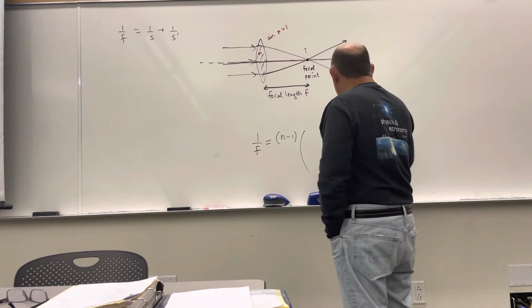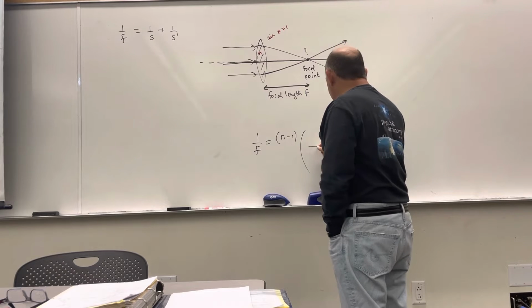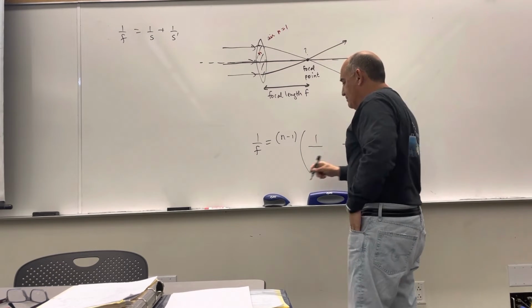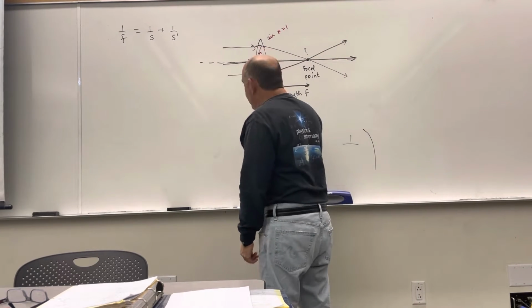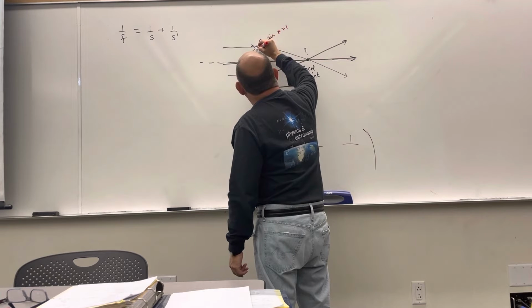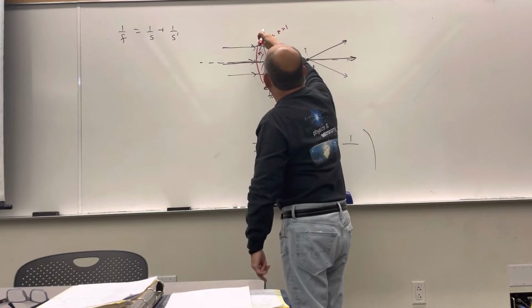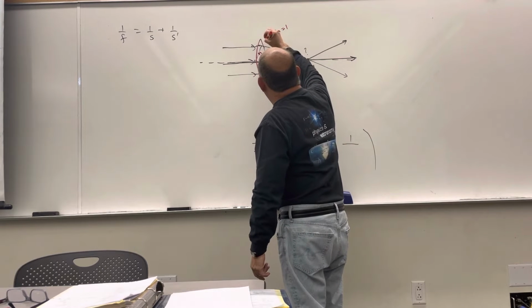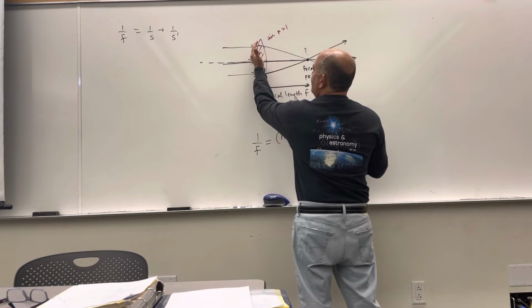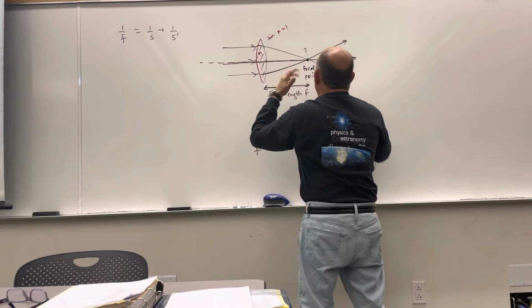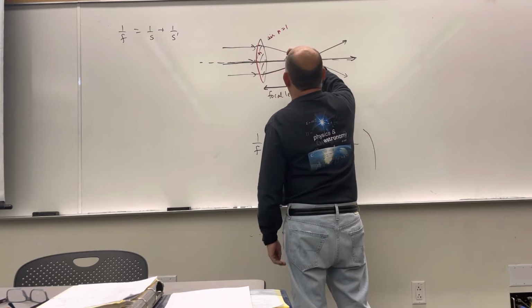And then you have something that depends on the curvature of the front surface of the lens, where the light hits it. So what is the curvature of that front surface? It's like this. The center of curvature of that might be here, for example.